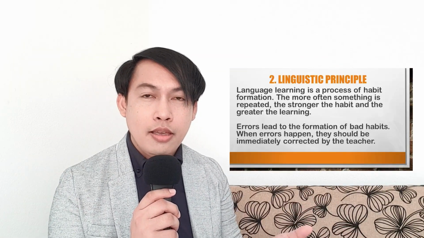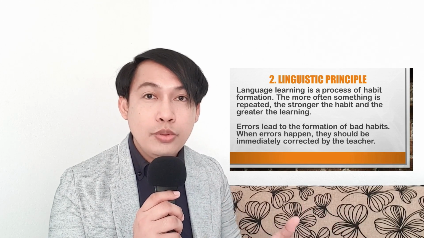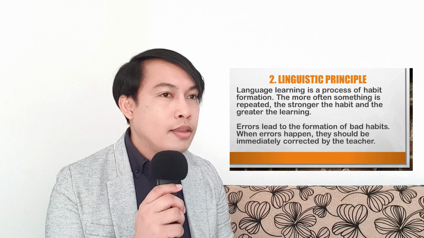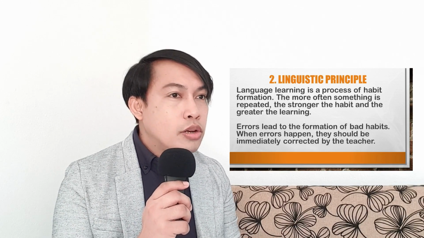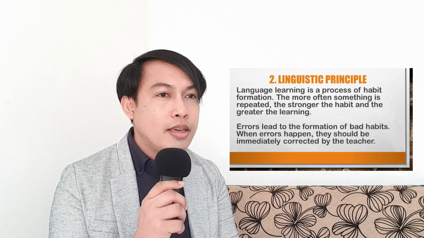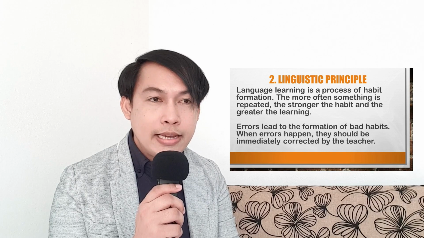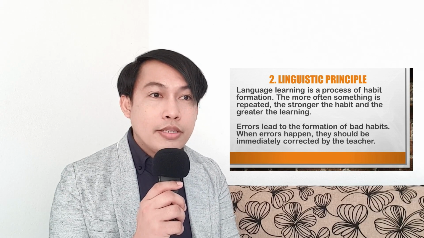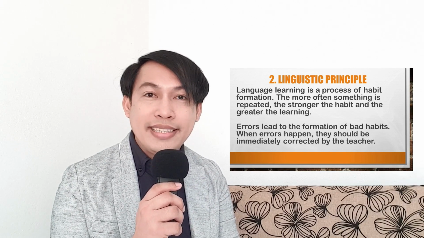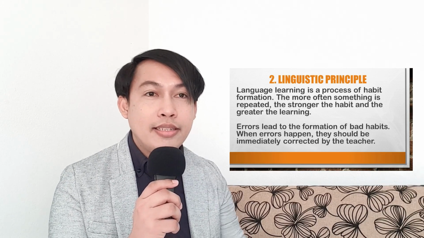The next linguistic principle is about how we correct the students' errors when they use the English language. It says here, language learning is a process of habit formation. The more often something is repeated, the stronger the habit and the greater the learning. Errors lead to formation of bad habits. When errors happen, they should be immediately corrected by the teacher.